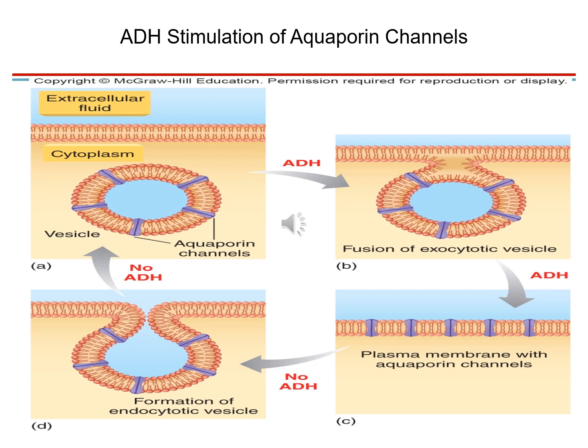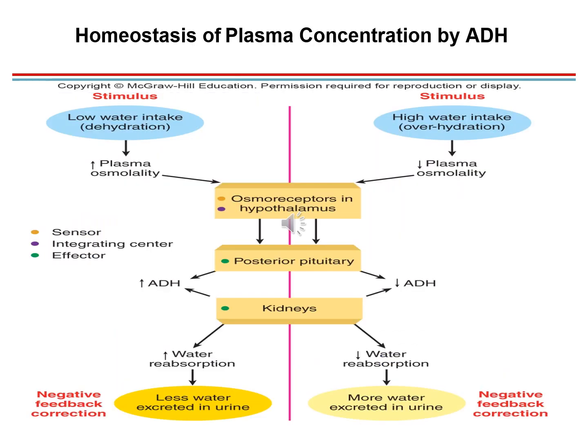And as you see in this graphic, from 0 aquaporins, through A, B, C, and D, we finish with 5 aquaporins. This graphic is really very powerful, and I invite you to navigate with me or by yourself, because it's very clear how the ADH can be stimulated to be secreted or decreased.